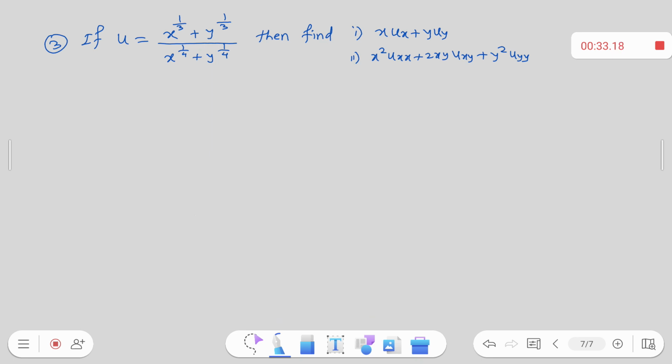So first check whether u is homogeneous or not. Let us assume u is x to the power 1 by 3 plus y to the power 1 by 3 upon x to the power 1 by 4 plus y to the power 1 by 4, as equation 1. If it's an algebraic function, it is homogeneous.